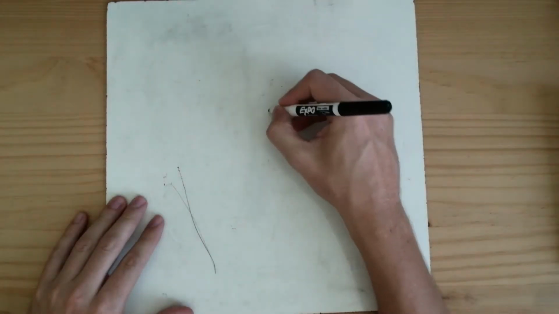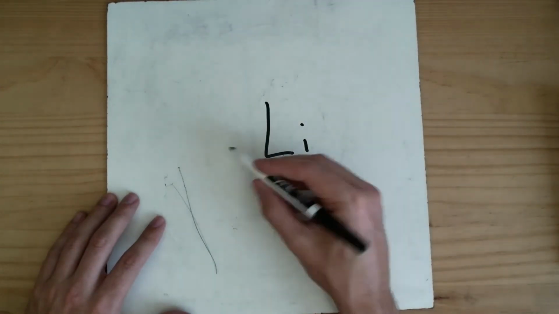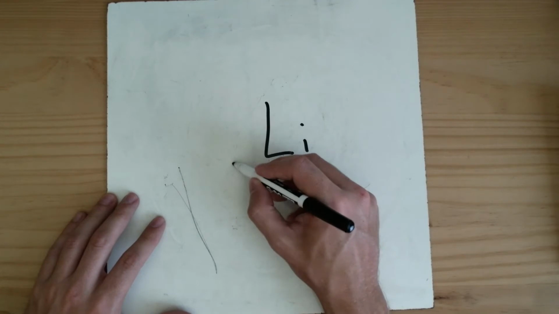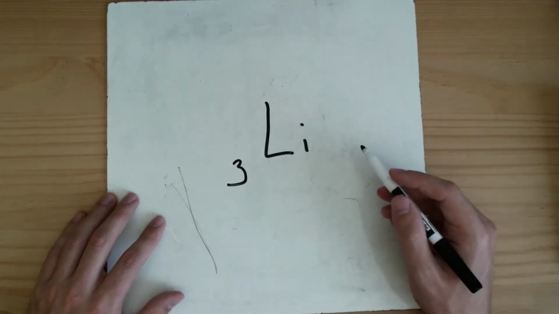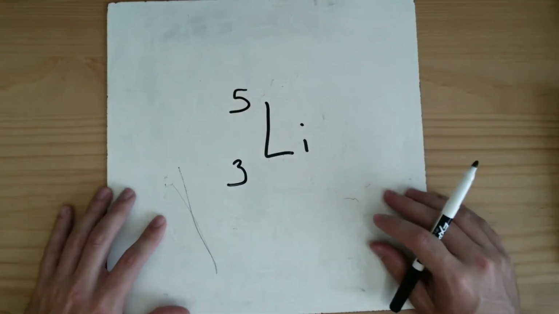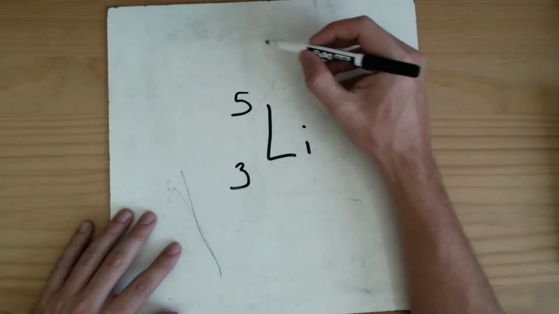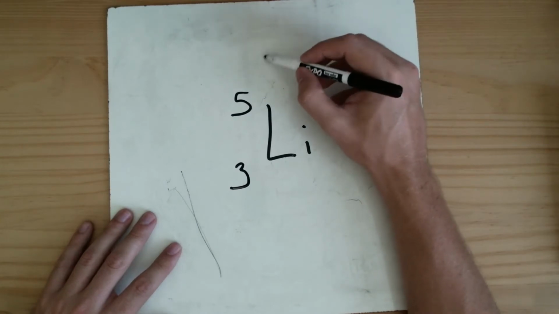So if I wanted to talk about lithium 5 in nuclide notation, what I would do is start by identifying that we are indeed dealing with lithium here, so that's Li. I know that my lithium has 3 protons, and I know in this case I had 5 total items that made up the nucleus. So this is lithium 5 in nuclide notation.